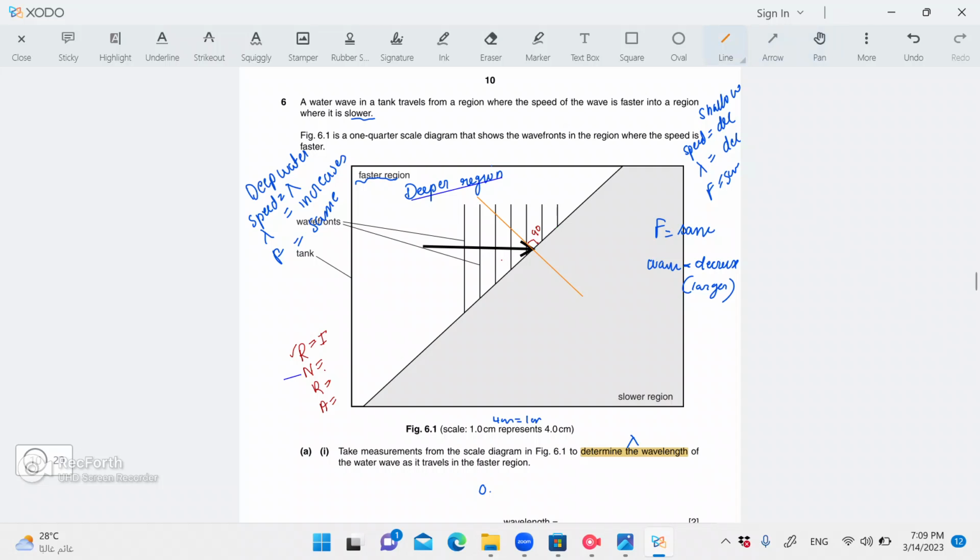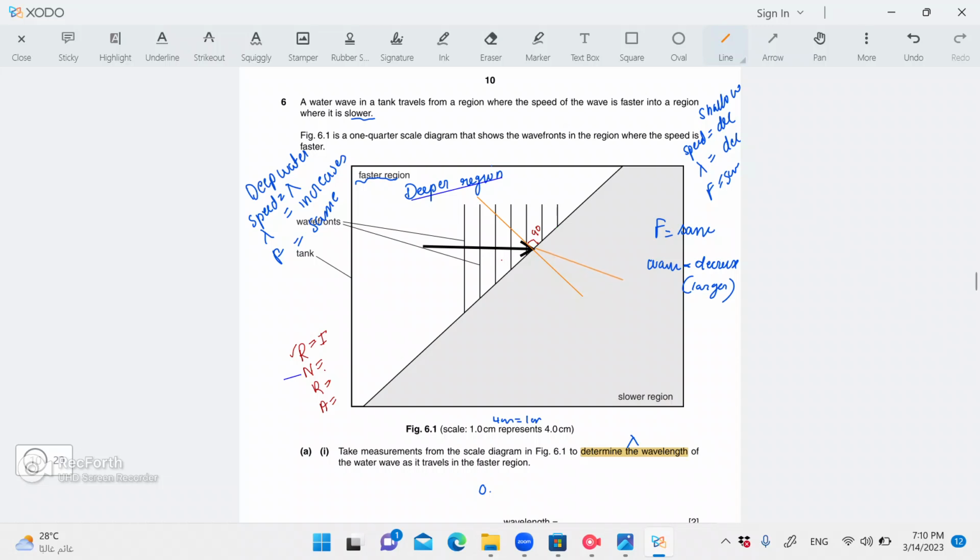Now, the thing you have to know is, when it crosses the boundary, what will happen to the refracted ray? If it is from shallow to deep, it will go away from the normal ray. If it is from deep to shallow, it will be closer to the normal ray.